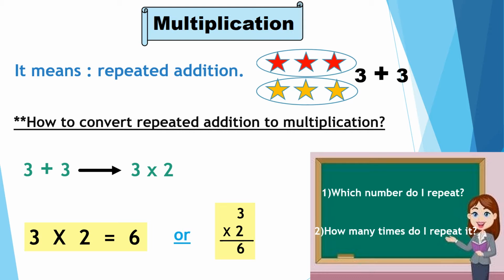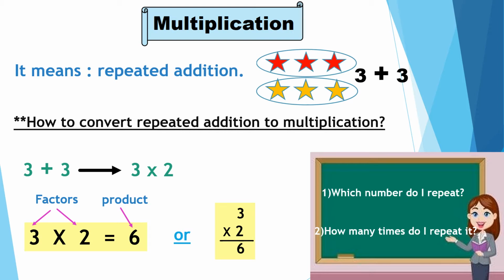Now, what do we call 3 and 2? They are called factors. 3 is a factor, 2 is a factor. So both of them are factors. And this 6 is called the product.